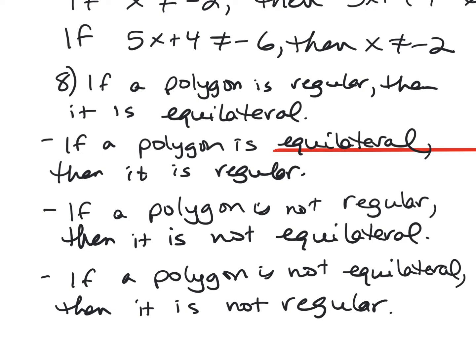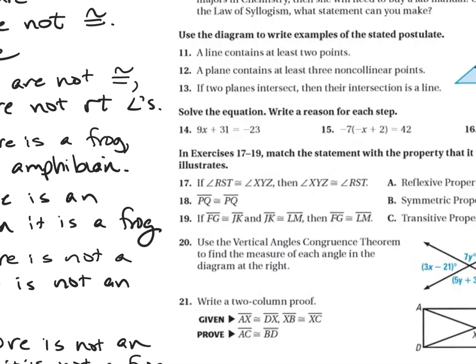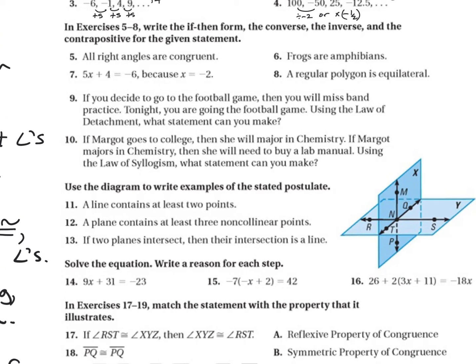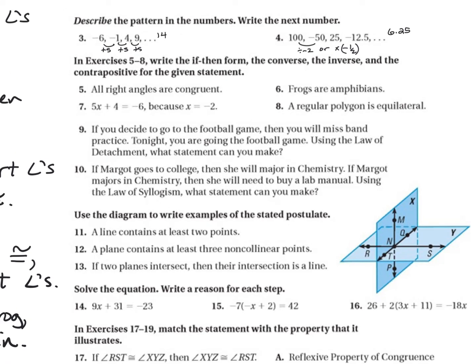Now for number 9, let me go up to where that question is. Notice up here it said only for exercises 5 through 8 you had to do this. So now number 9, the instructions change. It says if you decide to go to the football game, then you will miss band practice. Tonight you're going to the football game.